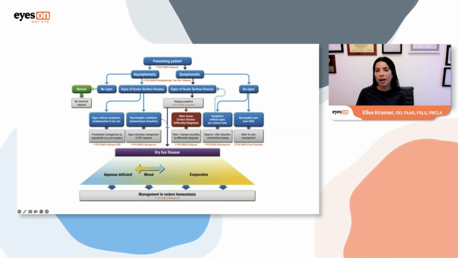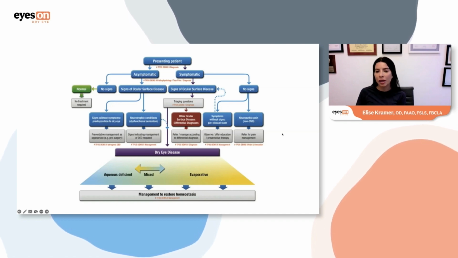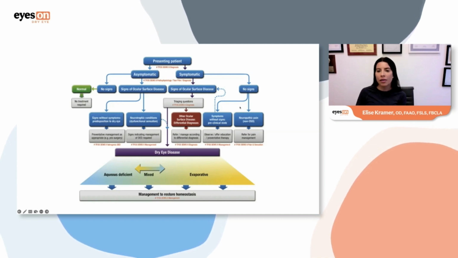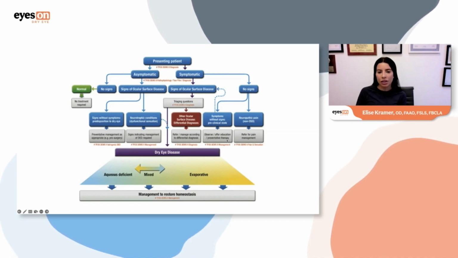If they're symptomatic and they have no signs, at that point you're thinking maybe it's neuropathic and they should be referred for pain management and not for dry eye treatment. Or this could just be a preclinical state in which they're feeling it and the signs may develop later on. So again, preventative therapy in that situation.